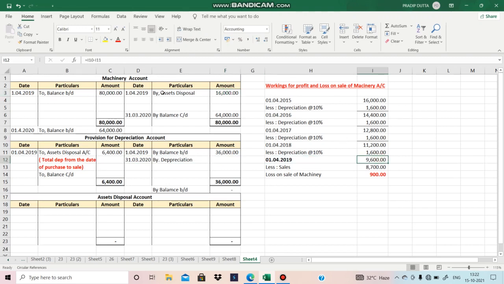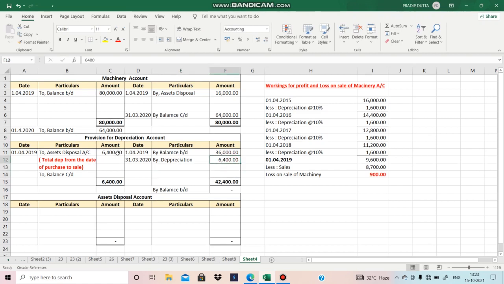So the rest of the machine is 80,000 minus 16,000, that is 64,000. As it is a straight line method, we should charge depreciation of 10% on that 64,000, which also comes to 6,400.